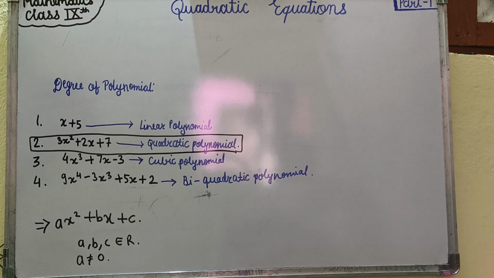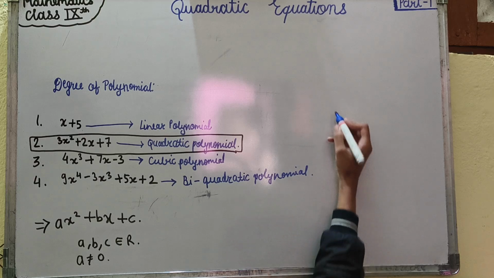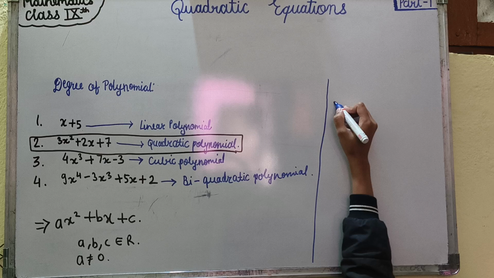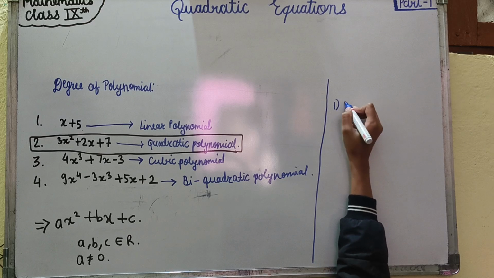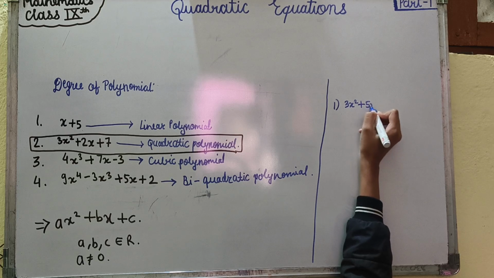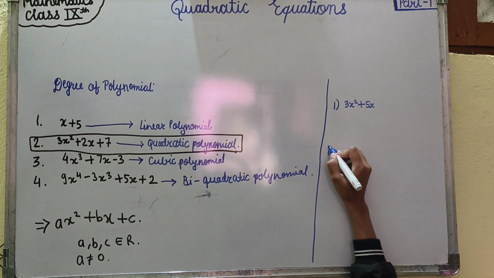Now let us see some questions based on them. We have to classify them. First is 3x square plus 5x. Second is 4y.